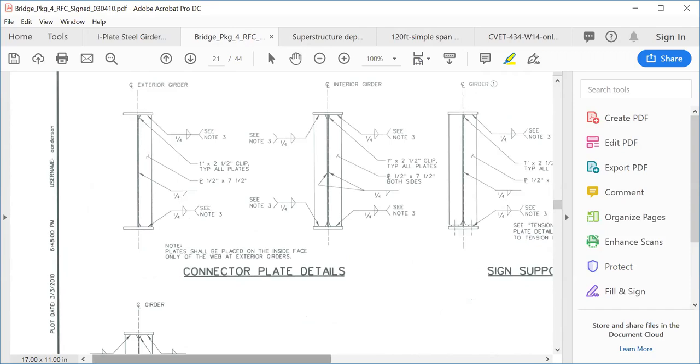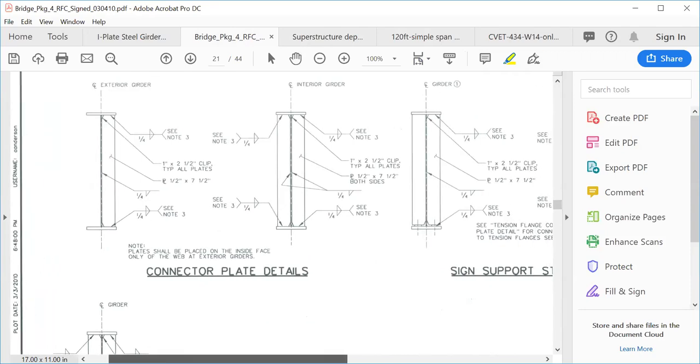Okay, so right here, the intermediate stiffener is 7.5 inch wide and 0.5 inch thick.